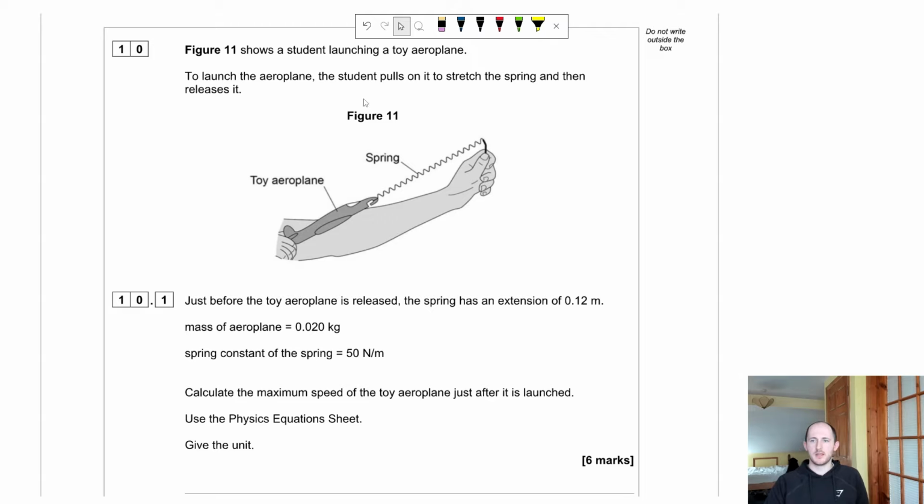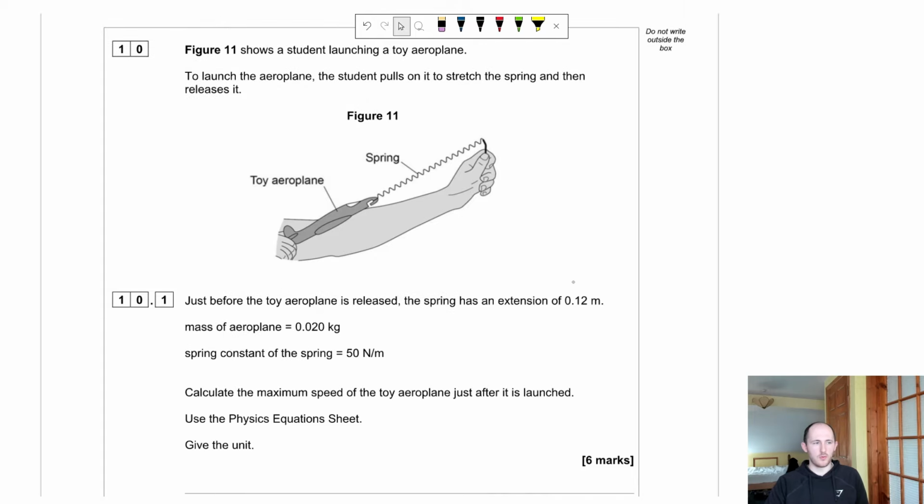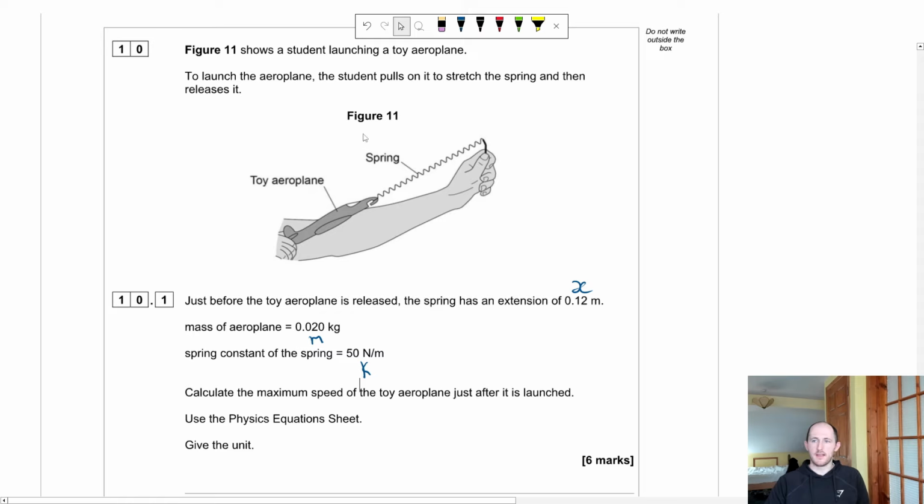So, launching a toy aeroplane, and it gives you an extension. Normally I give extension as the letter x. We get the mass, of course, and the spring constant k. Calculate the maximum speed. Interesting. Well, whenever you do this kind of thing, the elastic potential energy is going to be transferred.